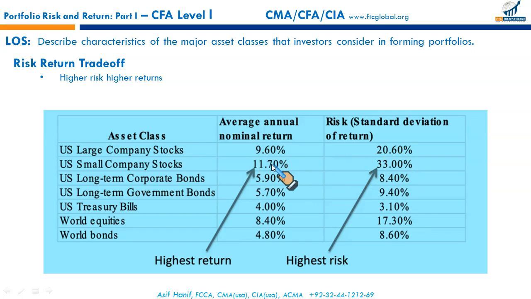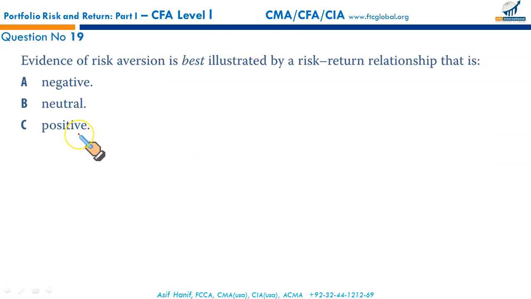So historical data over a long period. This data indicates that there exists a positive risk-return relationship, which clearly shows the investor's risk aversion. The higher the risk, the more expectation for a higher return. So that makes C the correct option.